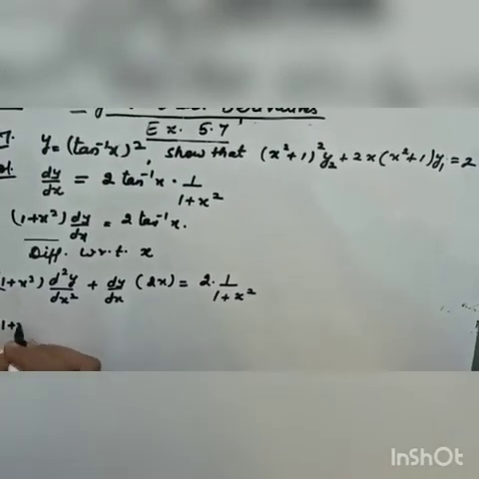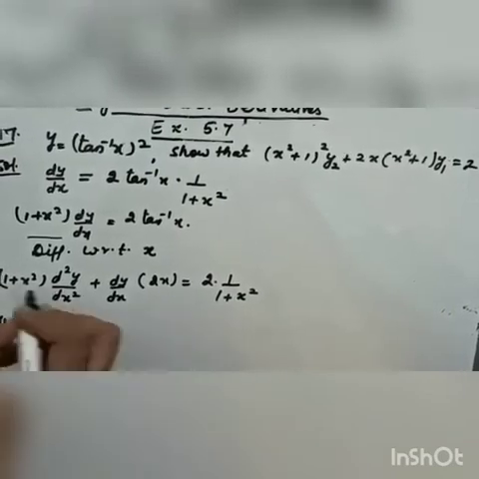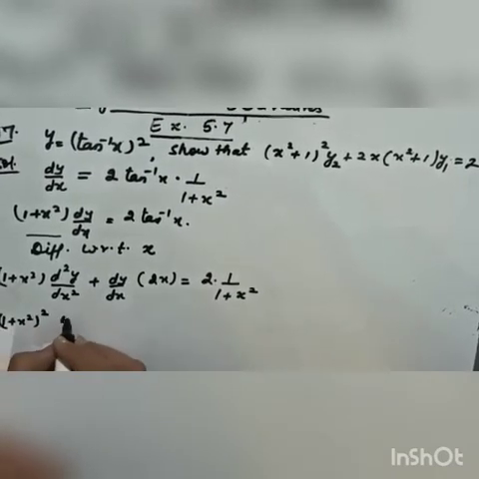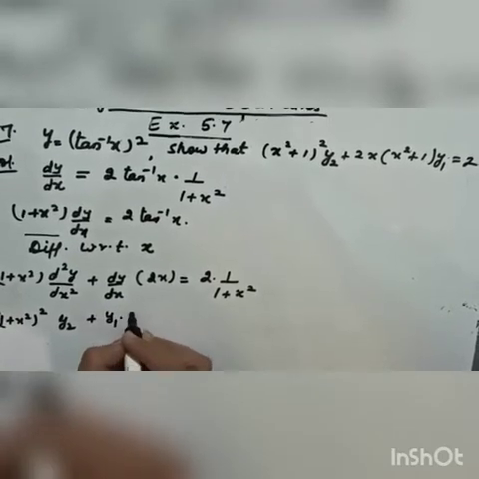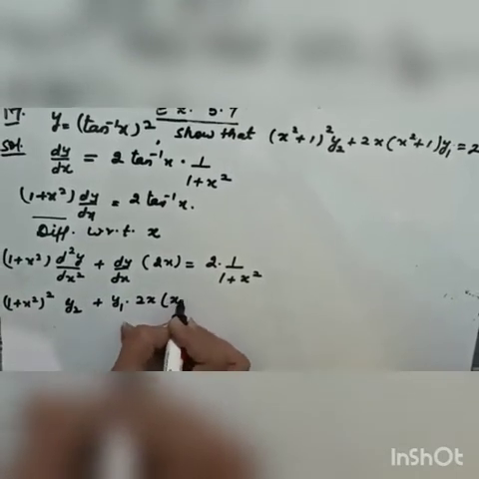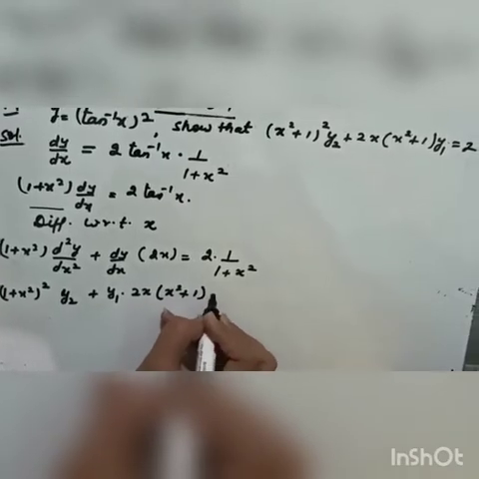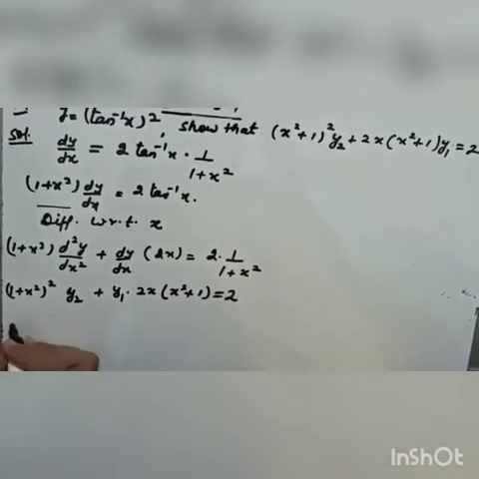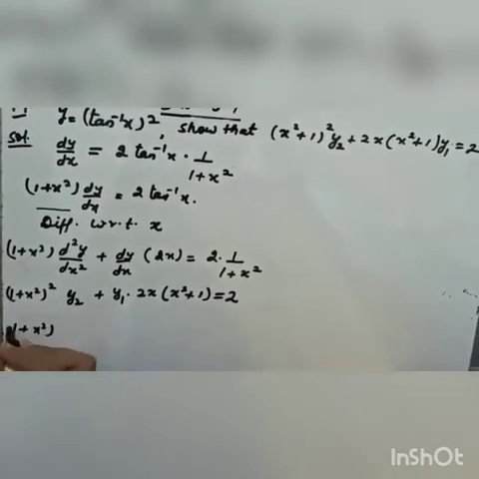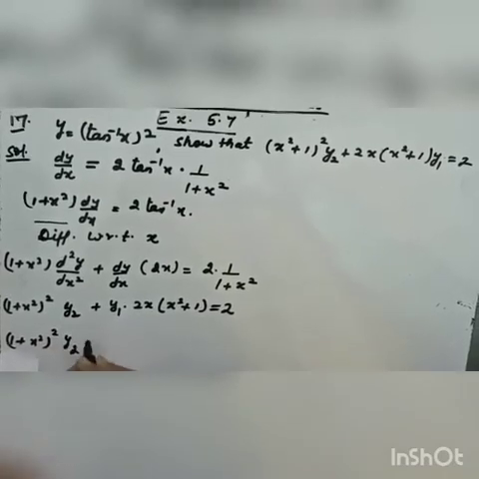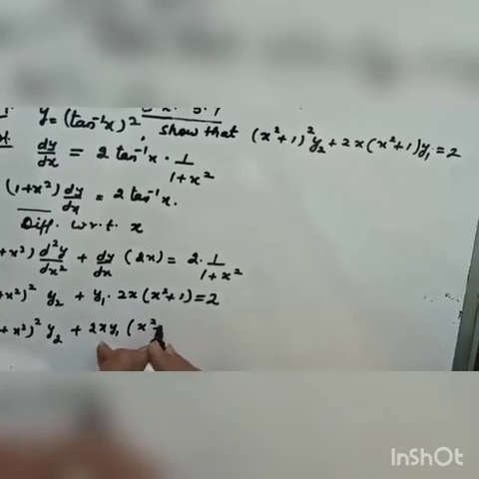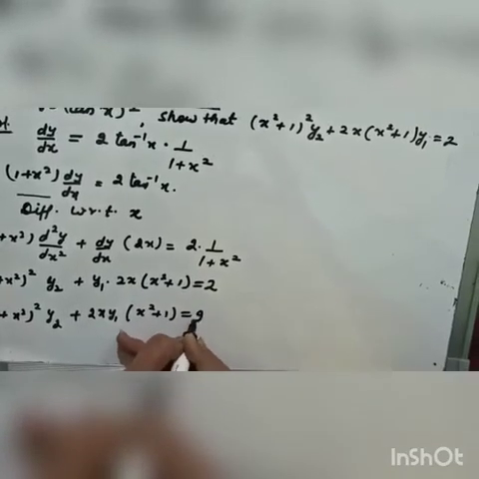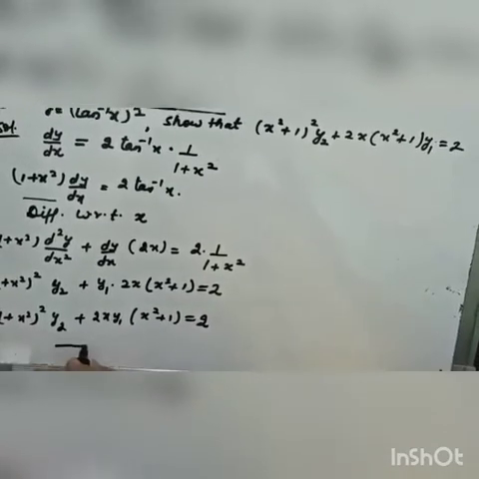So cross multiply, take again 1 plus x square on the other side. Second derivative can be written as y2, it is y1, 2x into x square plus 1 equal to 2. So the answer can be written as 1 plus x square whole square y2 plus 2x y1 into x square plus 1 equal to 2. So this is the way to do the question.